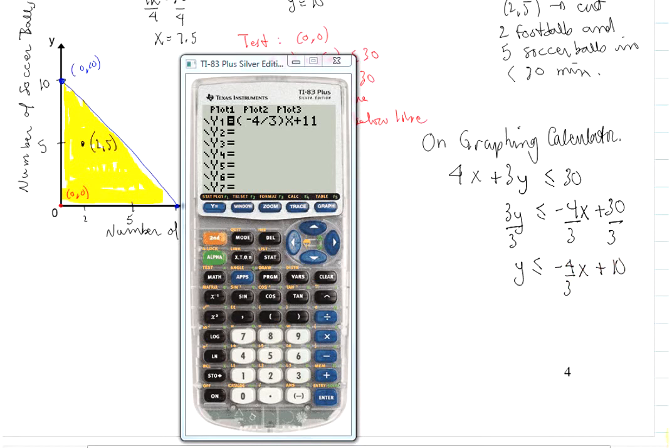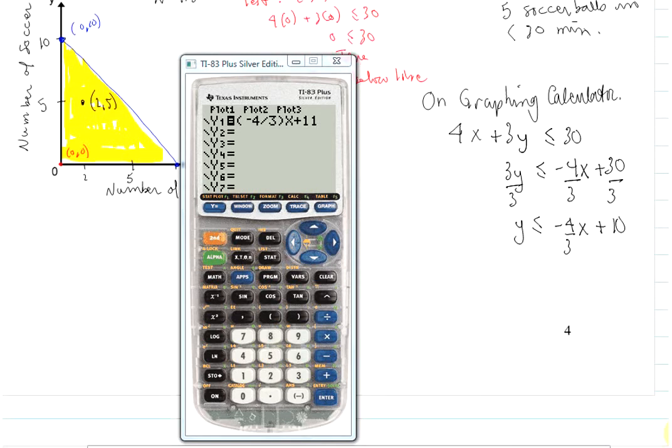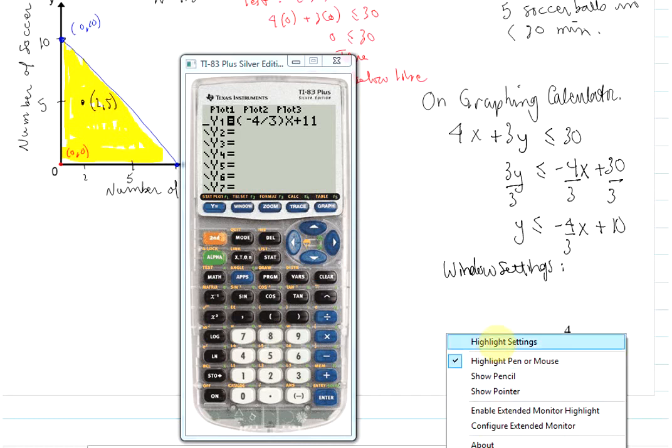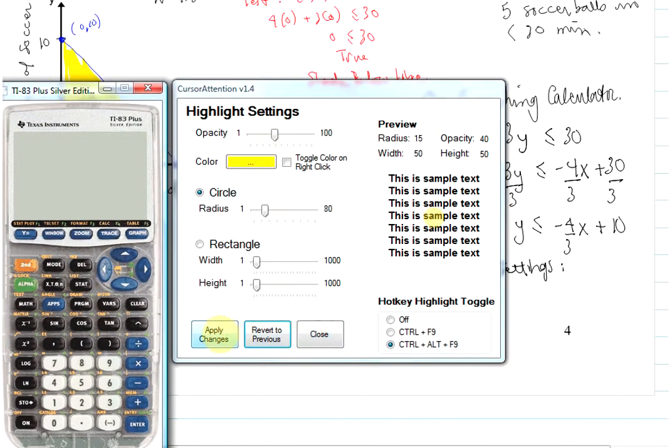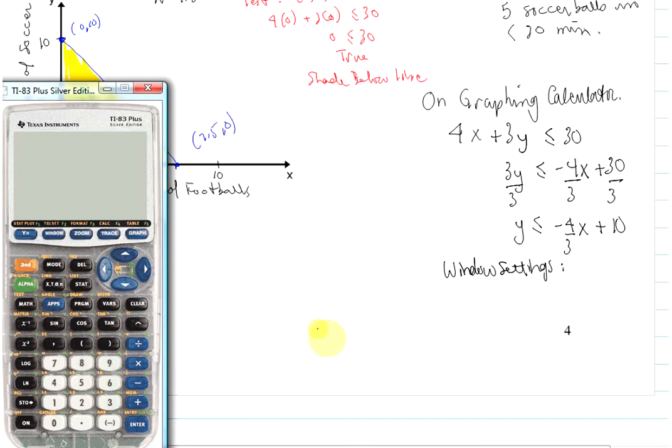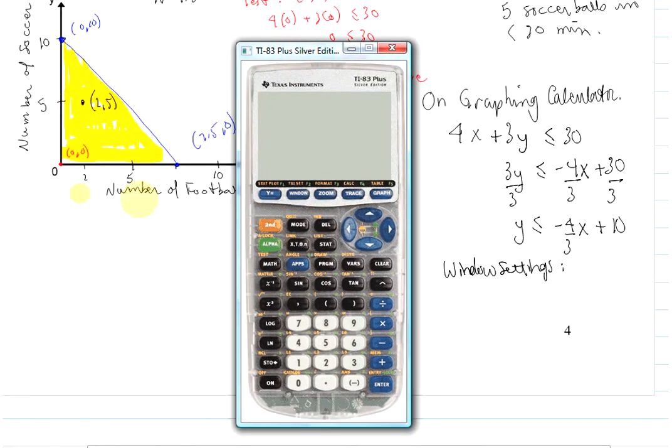Okay, so I have already entered the equation into the graphing calculator. You can use the graph over here on the left to help you with your window settings.